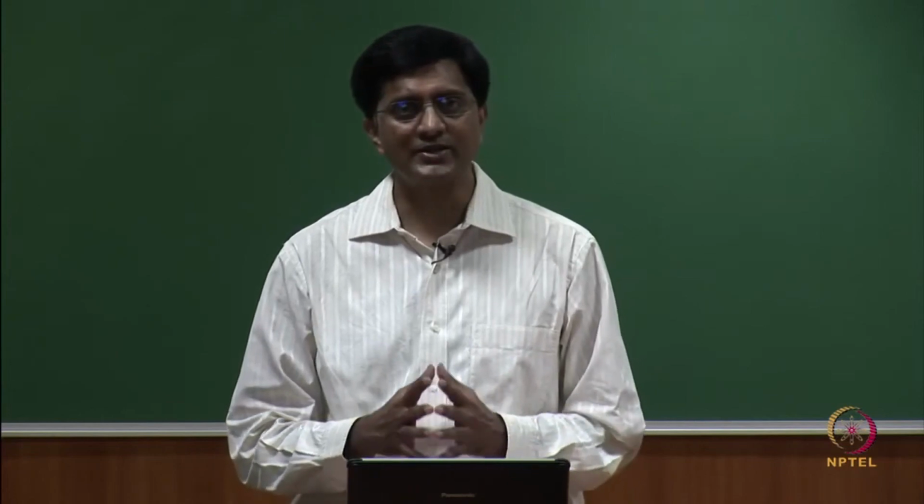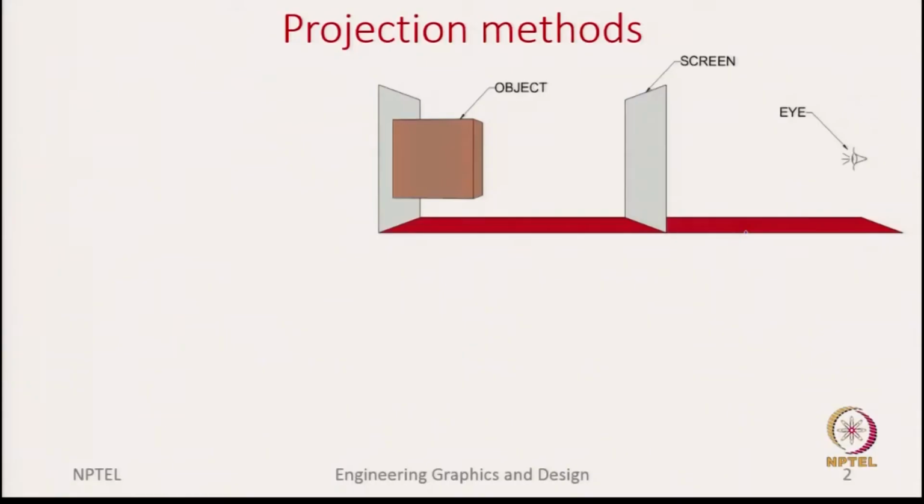First let us review the projection methods that we already discussed in week 2. We said we need 3 things: the object, the observer, and a projection plane. And then there are many kinds of projections depending on different aspects. To start with, depending on the type of projectors, we have either converging or parallel.